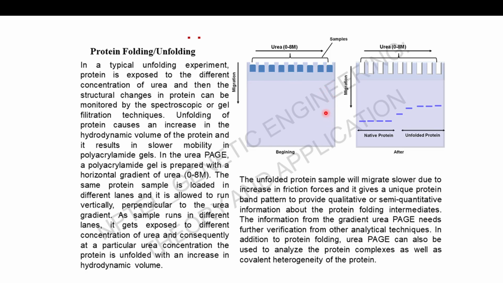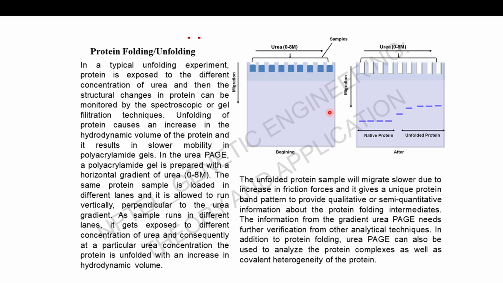Usually, as you have seen in the demo videos, the gels are made like this. But here you rotate the setup by 90 degrees, and then start adding each solution having 0 molar urea, 1 molar urea, 2 molar urea, like that, one by one, and then let them diffuse amongst each other.